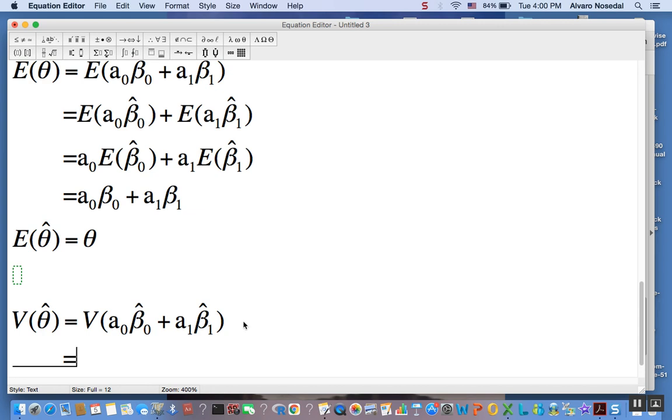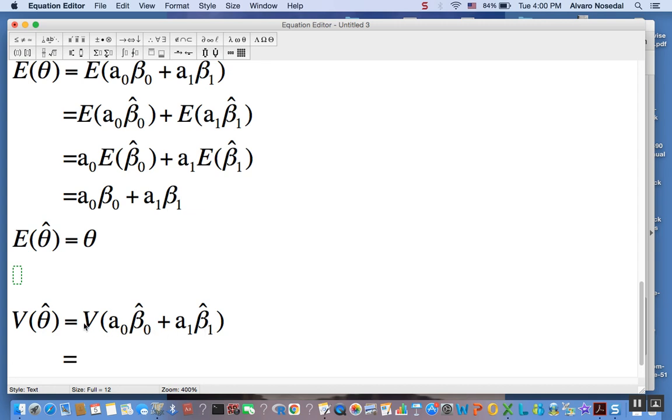So in this case we would have variance of this guy plus variance of this guy plus 2 times the covariance between those two terms, A0 times beta hat 0 and A1 times beta hat 1.